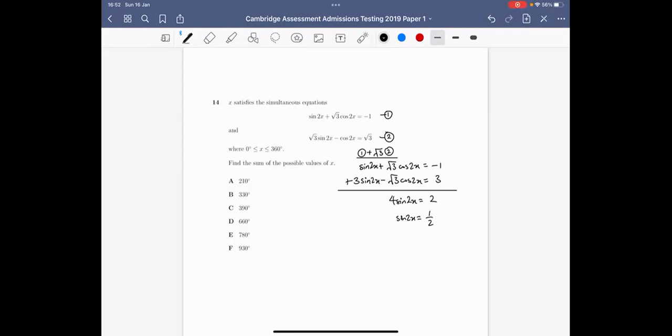And if sine of 2x is equal to a half, then cos of 2x is equal to minus √3 on 2. I think that's, yep. But then, oh, it's in degrees, not radians. What makes a half?